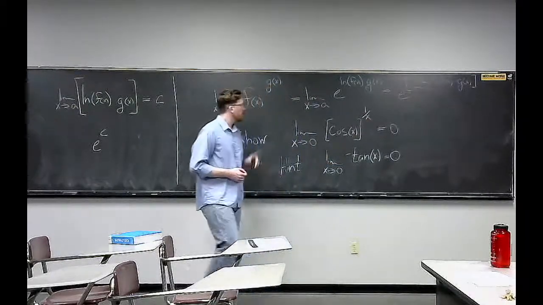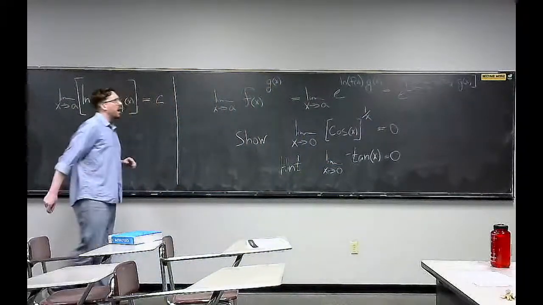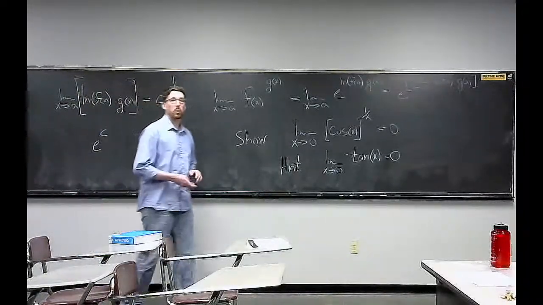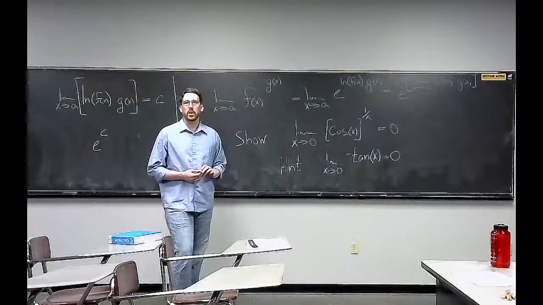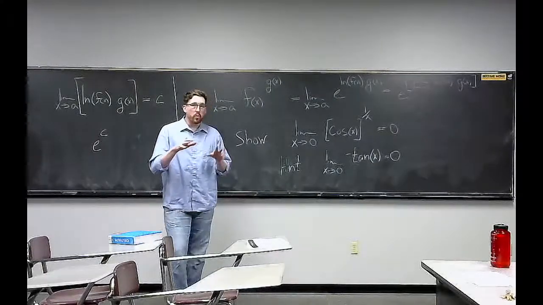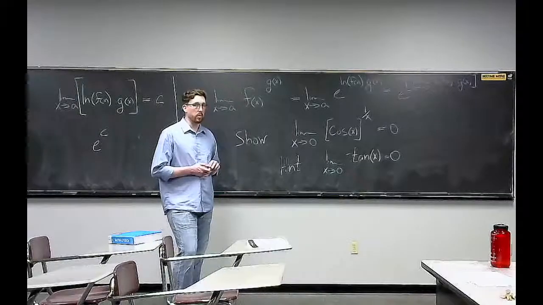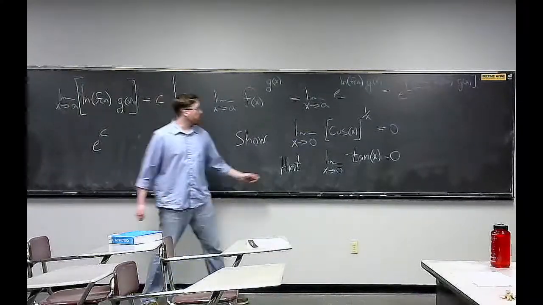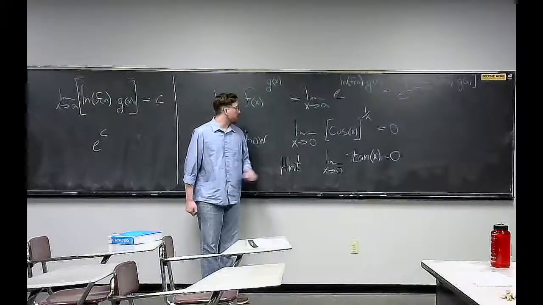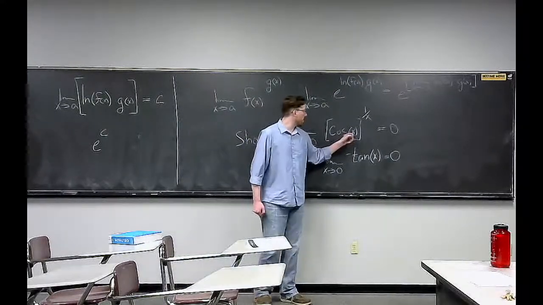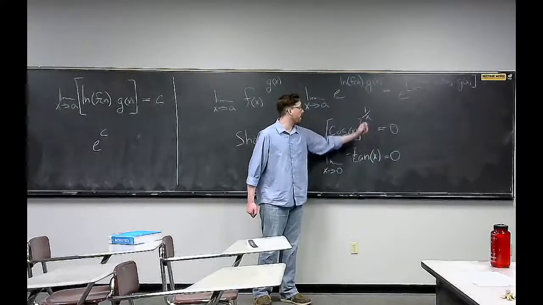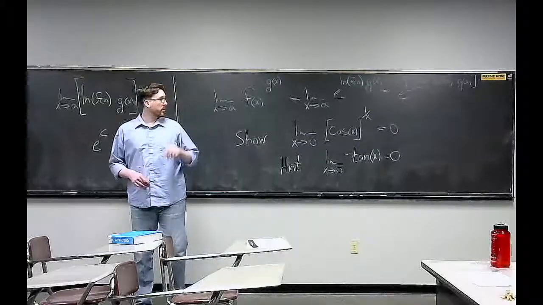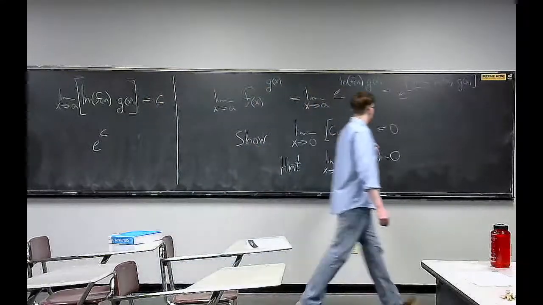That's it. Having said that, there is a problem in the notes that I'm gonna leave for y'all to play with, because I want you to get practice with this. I do want you to look at the notes. And that problem is to show that the limit as x approaches 0 of the cosine of x raised to 1 over x is equal to 0. Now notice, this is an indeterminate form, right?